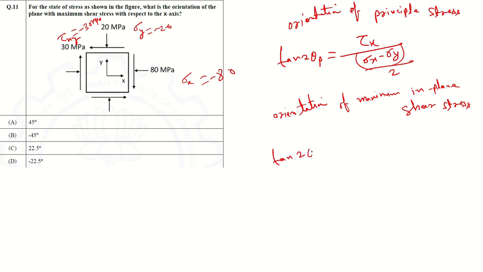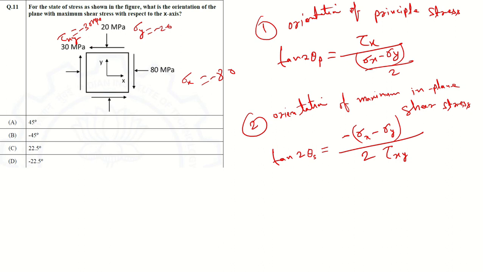Tan 2 theta s is equal to sigma x minus sigma y divided by 2 tau xy. So one is the orientation of principal stress formula, and the second formula is the orientation of maximum in-plane shear stress.